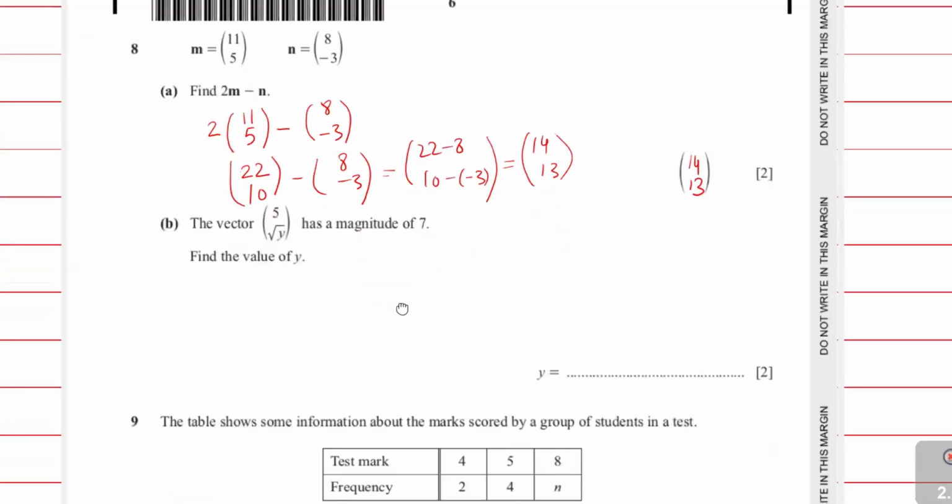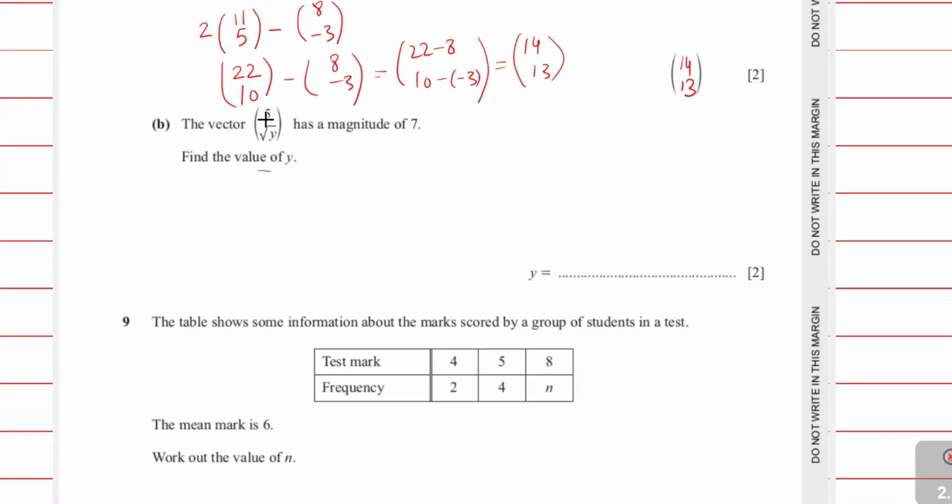And next, part B. Part B, the vector 5, square root y has magnitude 7. Find the value of y. Suppose r equal to x, y, then the magnitude of r will be equal to square root of x squared plus y squared.